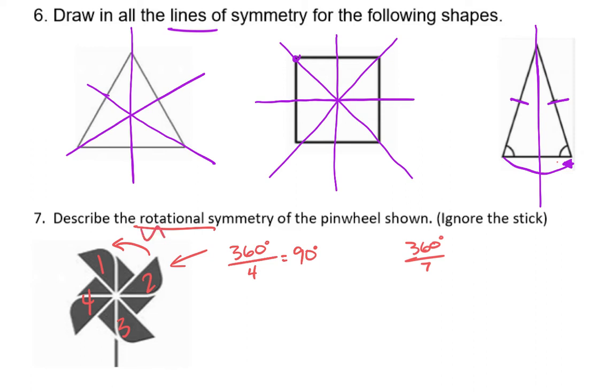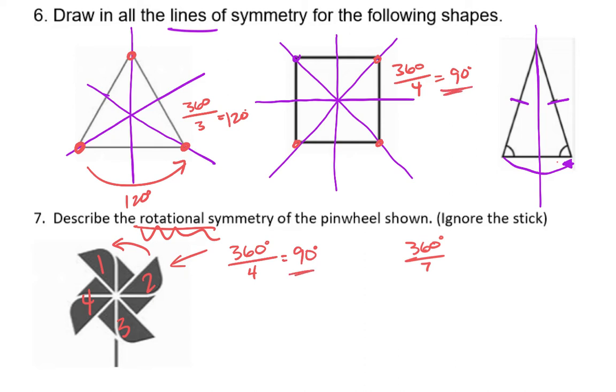While we're talking about rotational symmetry, if I looked at this triangle's rotational symmetry, because it has 3 matching parts, it would have rotational symmetry of 360 divided by 3, 120 degrees. So every 120 degrees, the orientation of this thing will look like itself again. Cool. This square has 4 matching parts, so its rotational symmetry should be 360 divided by 4, which is just like the pinwheel. Hey, best friends.